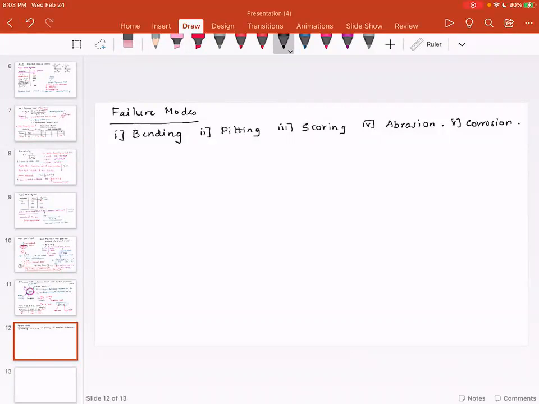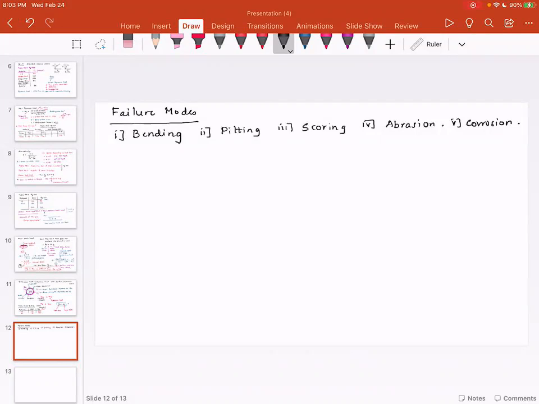And typically what you will notice is when the gear is going to fail, initially it will start wearing out, then it will become noisy, and after some time you will see that the gear shifting or gear transmission is no longer smooth. When the gear transmission is not smooth, the law of gearing is obviously not satisfied, and that leads to inconsistent velocity ratios, which means you are not going to get a consistent output from the gear train, and then that gradually will lead to the failure of the gear train.